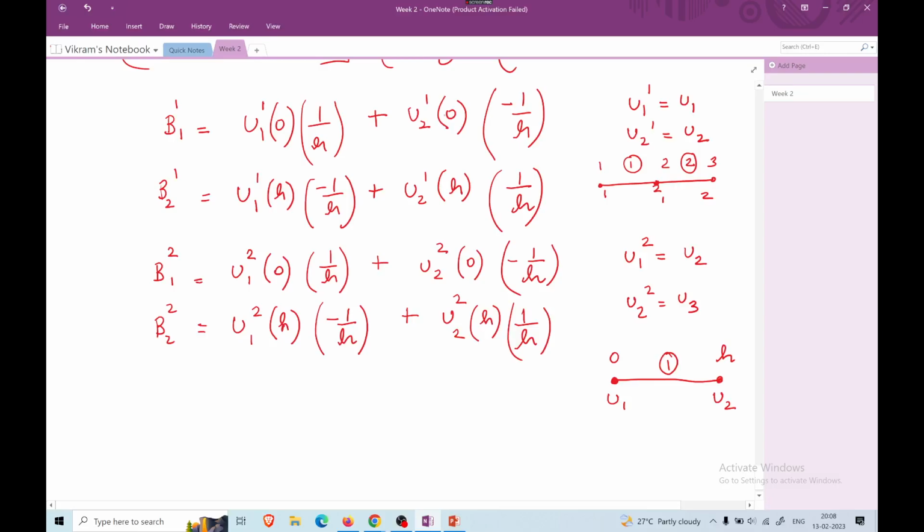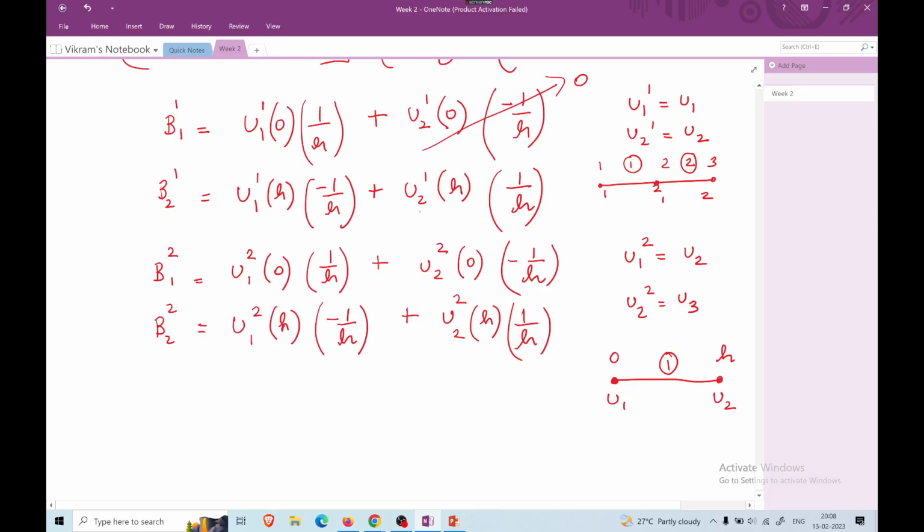So u2 1 of 0, does it make any sense? So first element, u2 at location 0, what is it? It is 0, right? Yes. Because u2 is defined only at location h, so this I can straight away cancel.